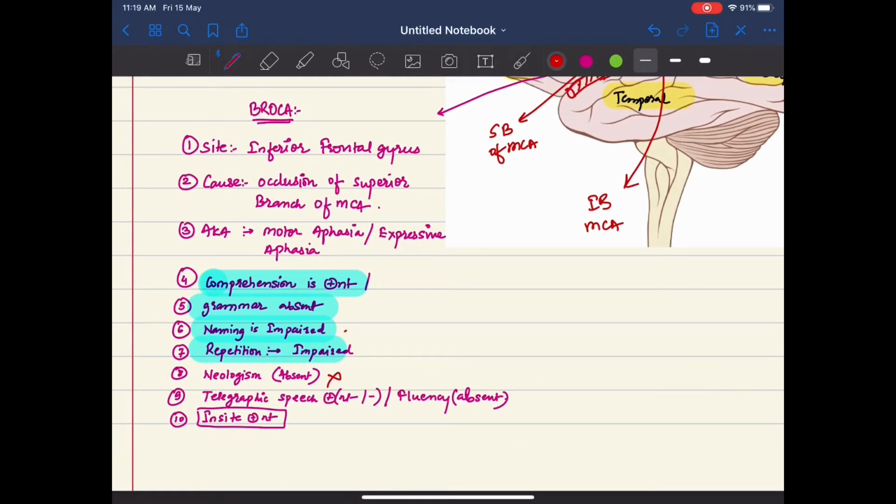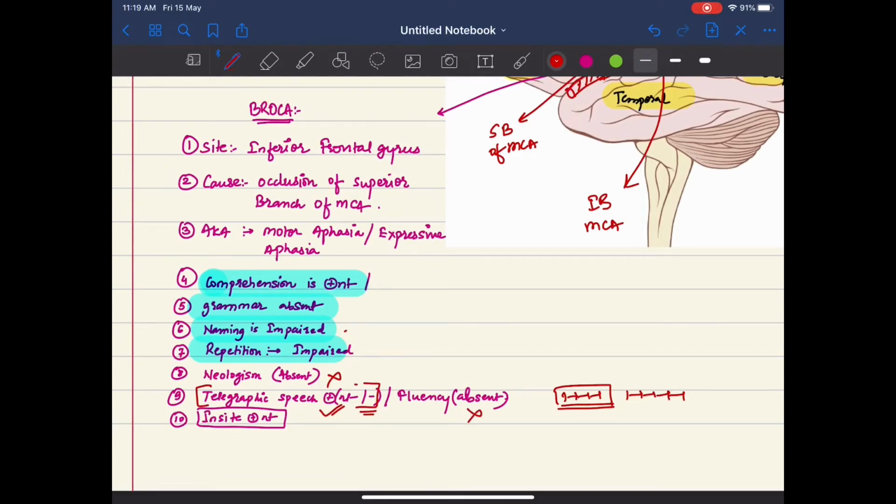Neologisms are absent in Broca's, while telegraphic speech is present. Telegraphic is nothing but speech in broken words. Like in the past, in World War One and World War Two, they used to have this kind of communication, telegraphic speech. Only important words used to get delivered, and that is important. In Broca's aphasia, usually you will have this kind of speech in most of the patients.